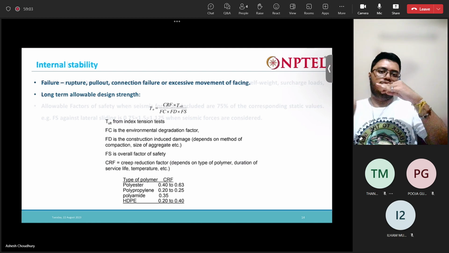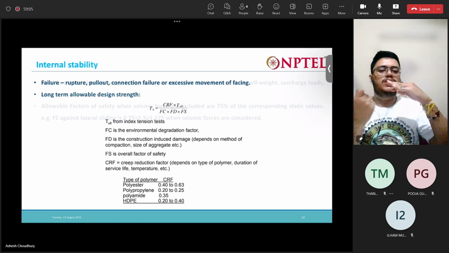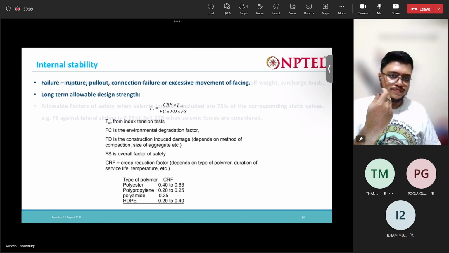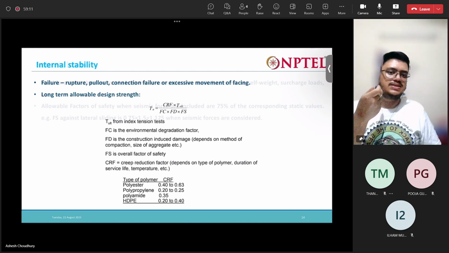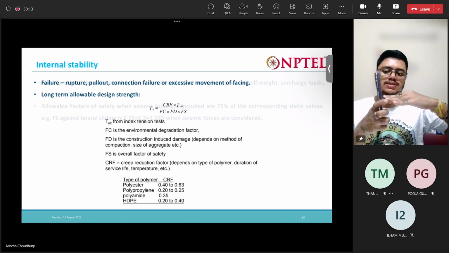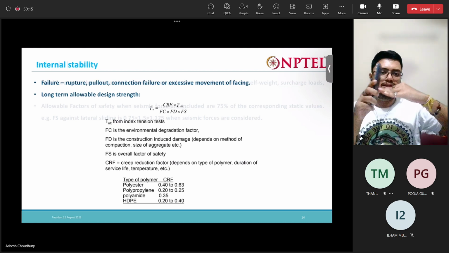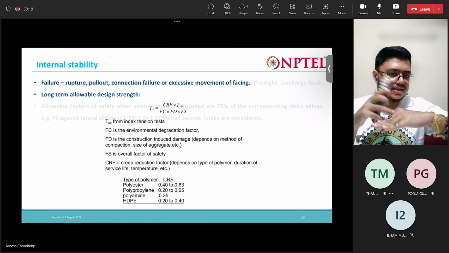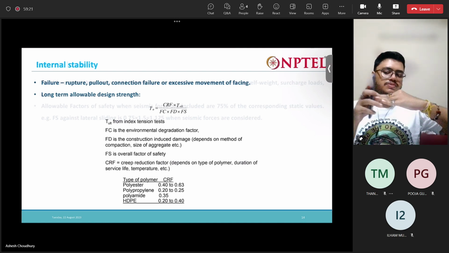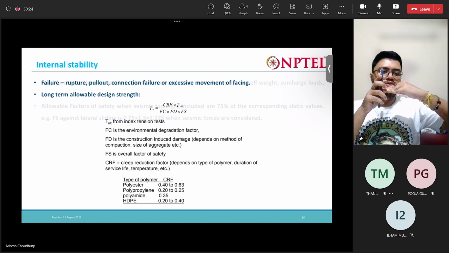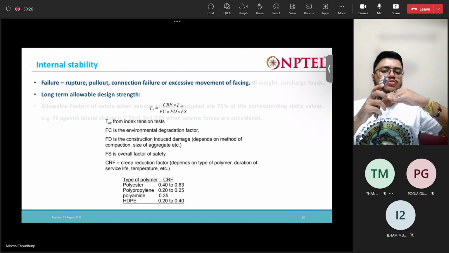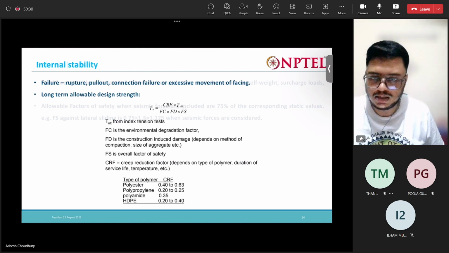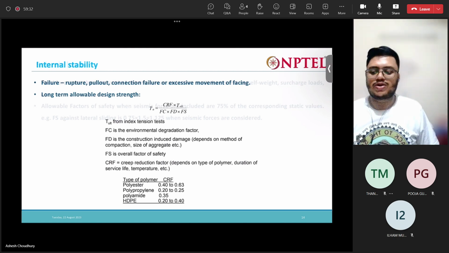The facing will fall outwards, right? There will be excessive movement of this facing outwards, because earth pressure is acting like that. So continuously there is tension on the reinforcement. If this joint breaks, obviously there is going to be excessive movement of the facing. So we need to prevent it.